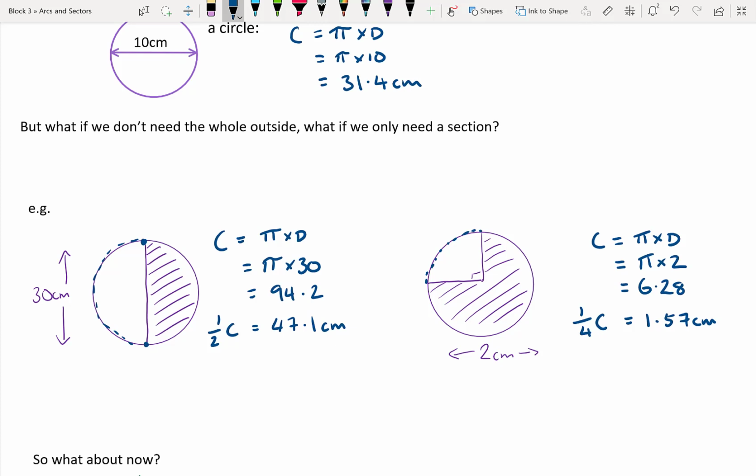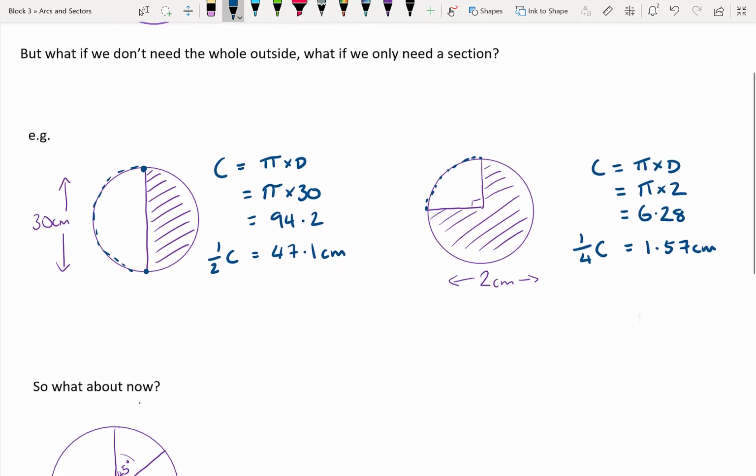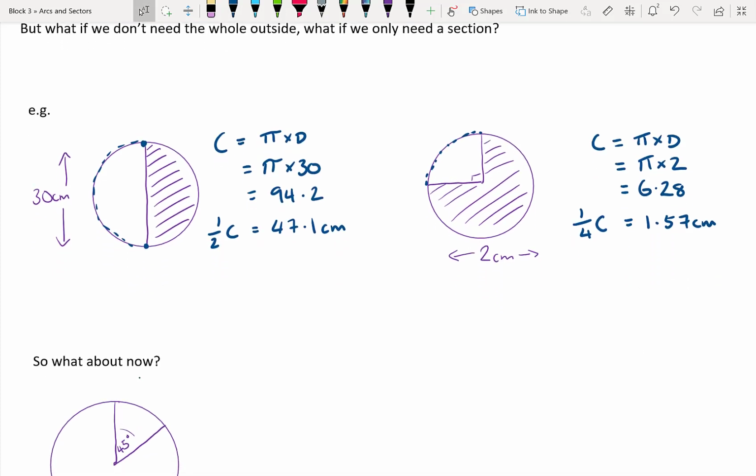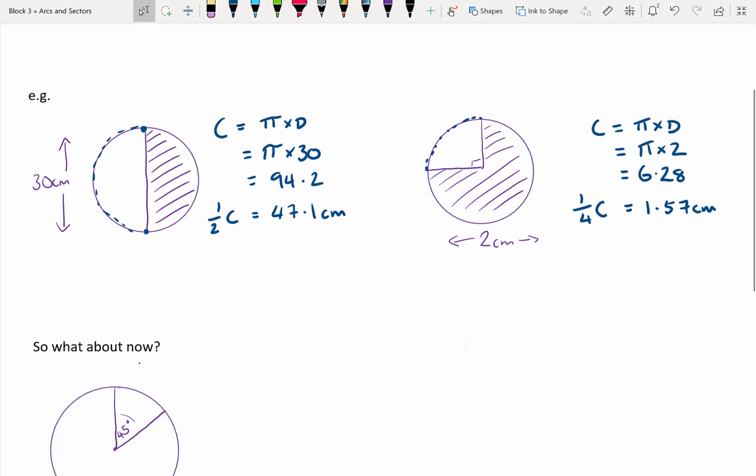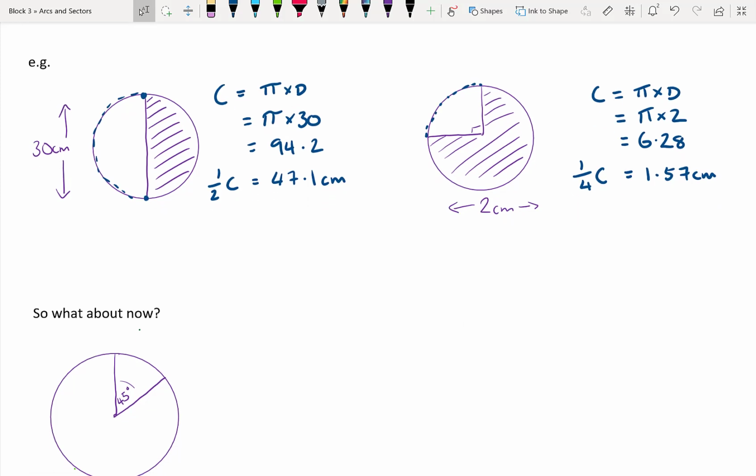When we are looking at these, how did we come up with finding that it was a half? What we're doing is thinking about how many degrees we've got out of how many there are in the whole circle. So how do we find this fractiony bit? On the first circle, the section we were interested in was 180 degrees, that bit there, it's a straight line, out of 360 in the full circle.